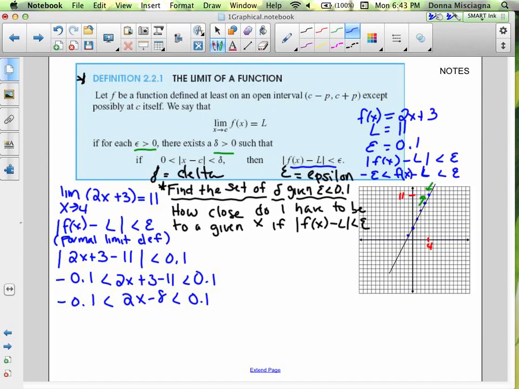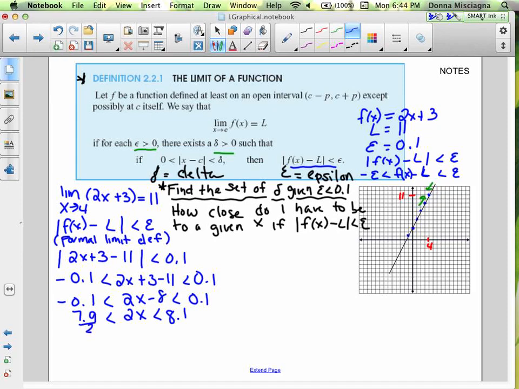So let's add 8 to both sides. Negative 0.1 plus 8 is 7.9, is less than 2x, is less than 8.1. All I did was add 8 to everything. Now we're just going to divide everything by 2.